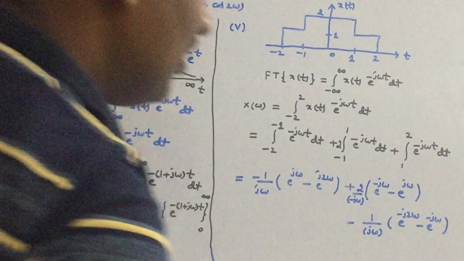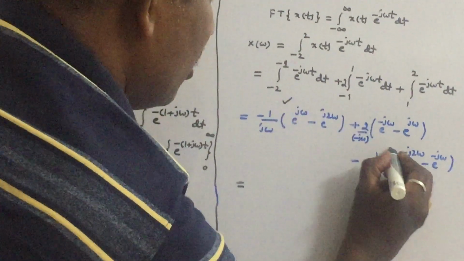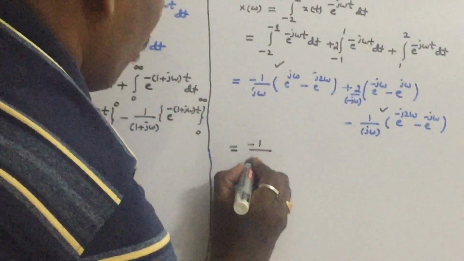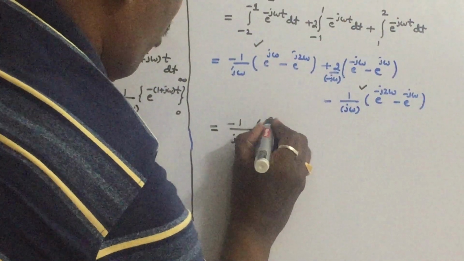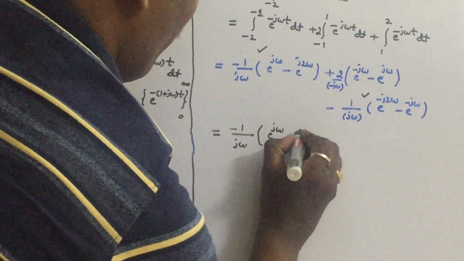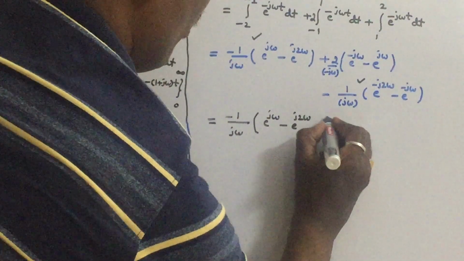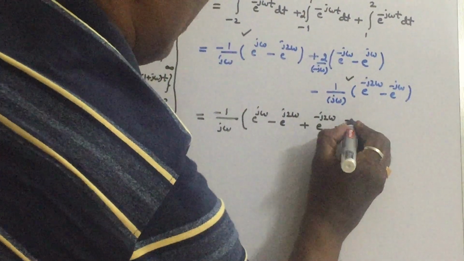Let us simplify this. Remember that in these two terms, just take -1 by j omega as common. So you can write it as e power j omega minus e power j 2 omega, plus e power minus j 2 omega minus e power minus j omega.